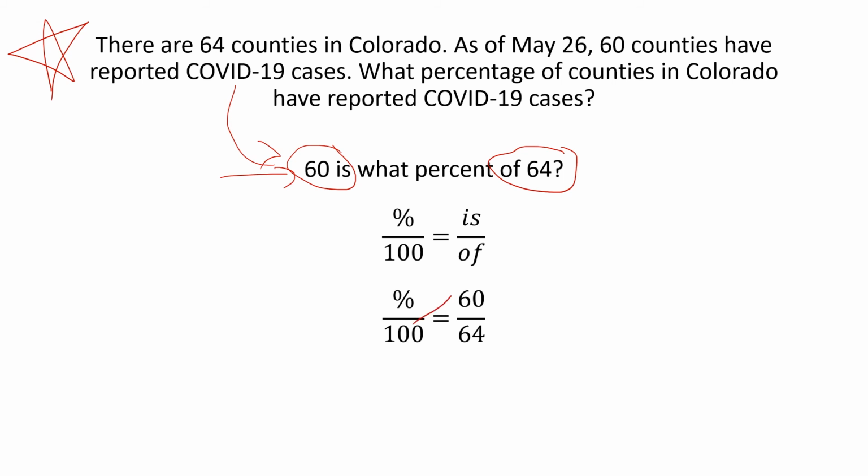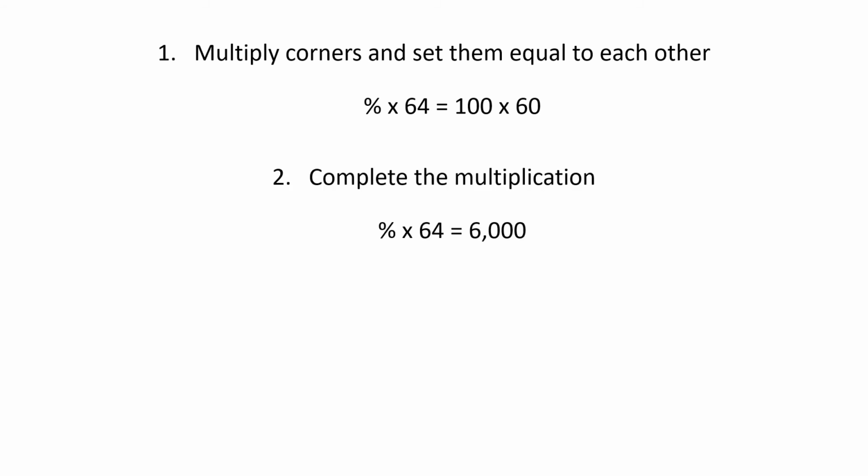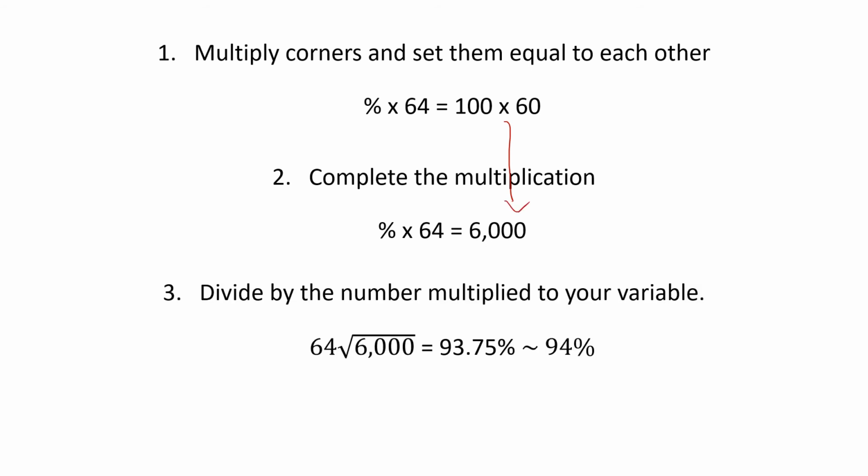And then cross multiply and go to town. Multiply your corners, set them equal to each other. That gives us percent times 64 equals 100 times 60. Complete your multiplication. 100 times 60 is 6,000. And then divide by the number that's multiplied to the variable. Divide by the 64.